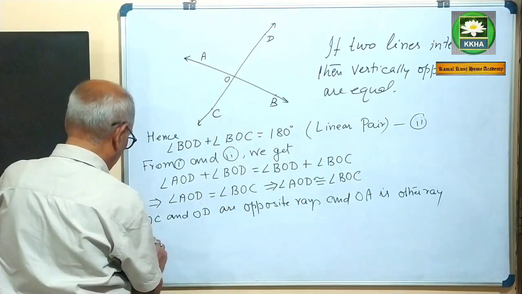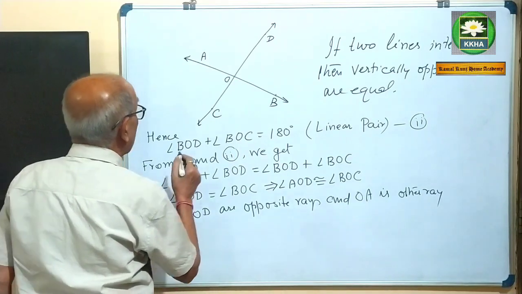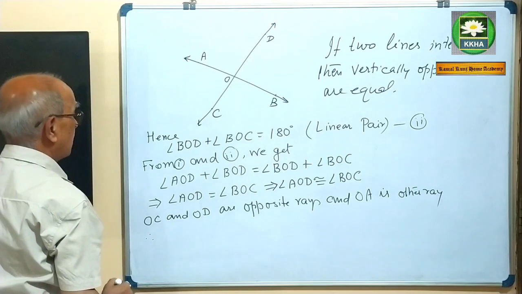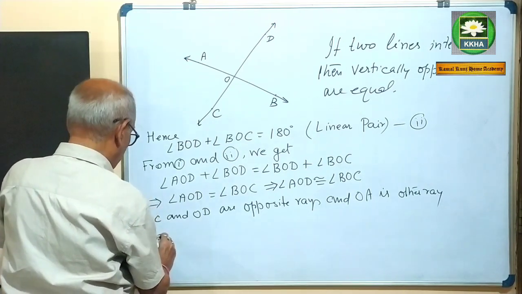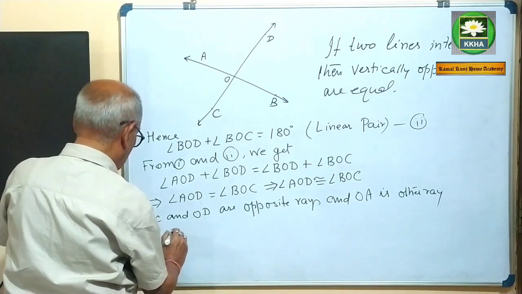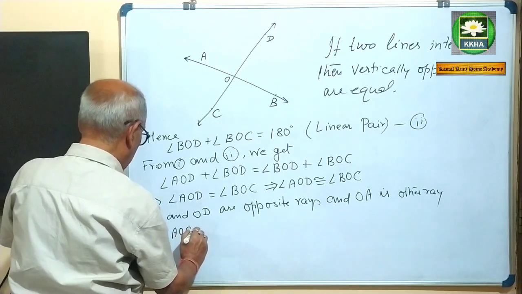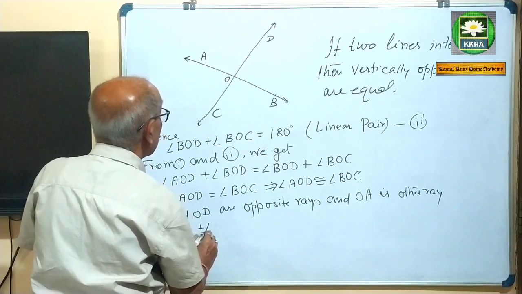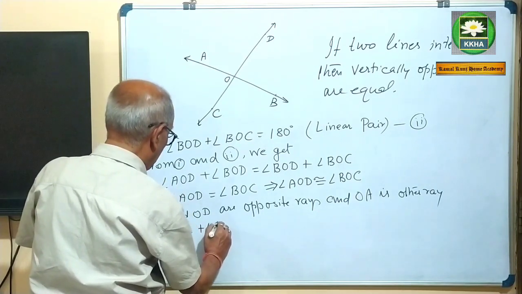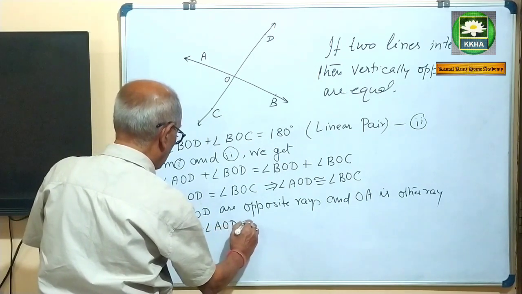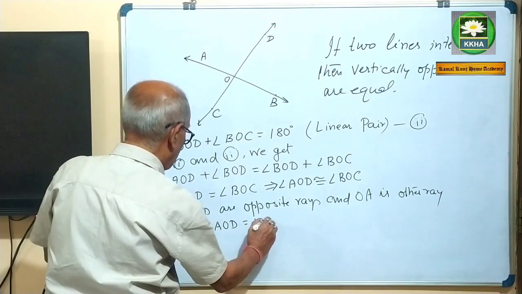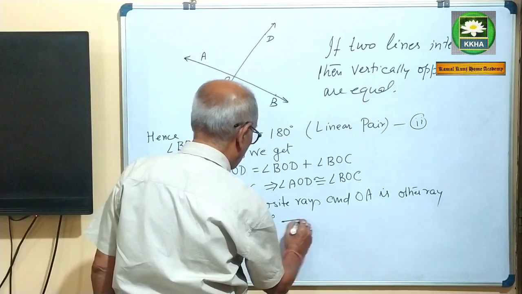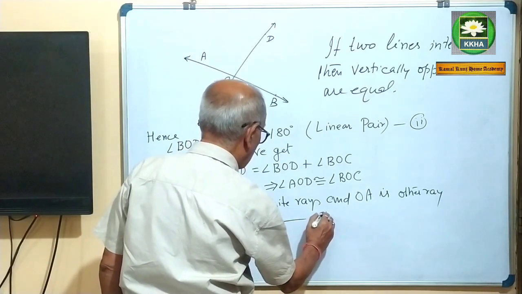Therefore, angle AOC and AOD form a linear pair. So, angle AOC plus angle AOD equal to 180 degrees. Say suppose 3.